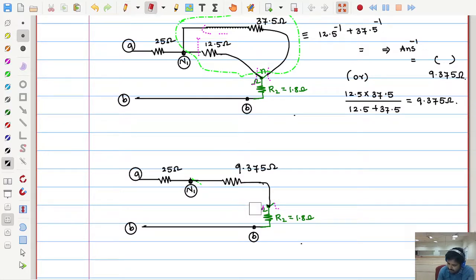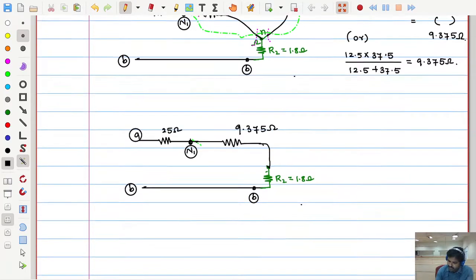Now it is very clear that 25 and 9.375 and R2 are in series. So directly we can find the RAB total resistance is equal to 25 plus 9.375 plus 1.8. How much is this value?